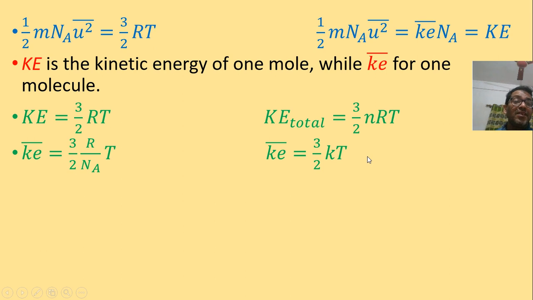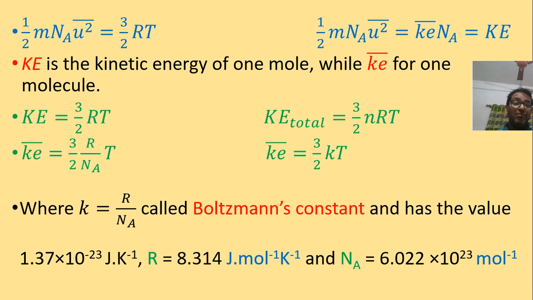So the average kinetic energy per molecule is 3/2 kT. Here we are considering k. What is k? k is the Boltzmann constant. Its value is 1.38 × 10^-23 joule per Kelvin, where k is equal to R by Na.